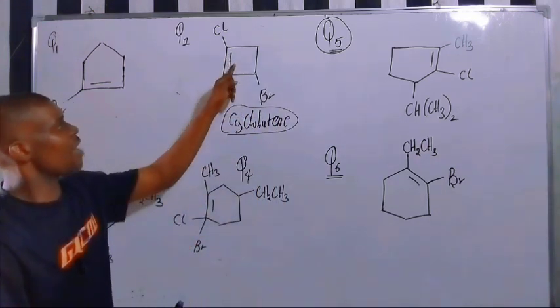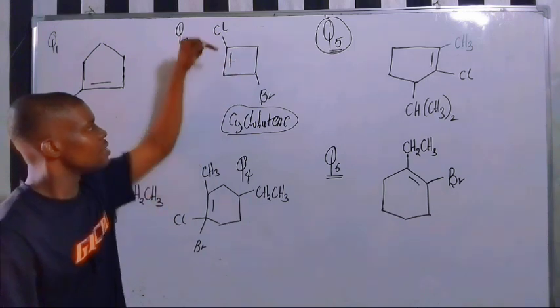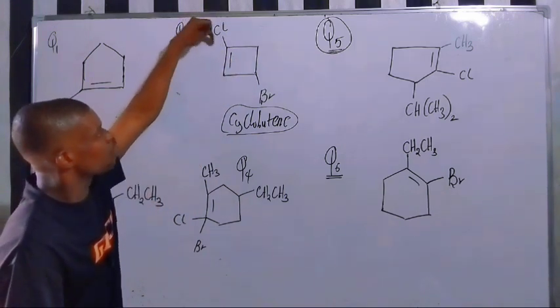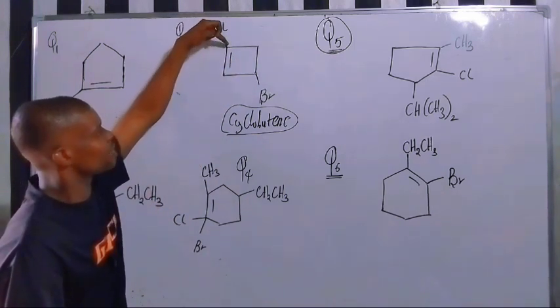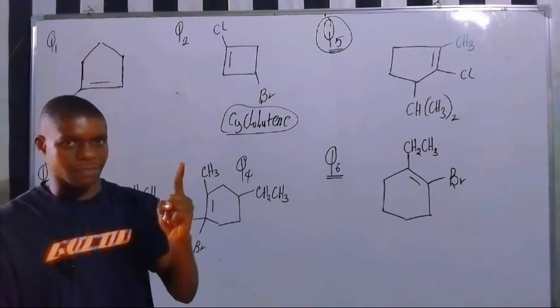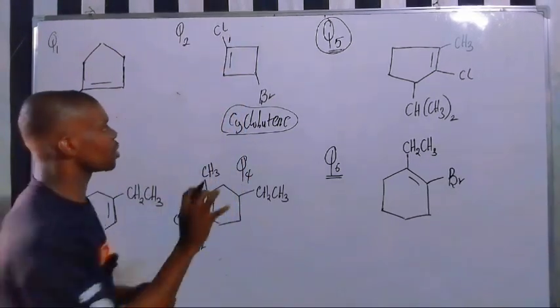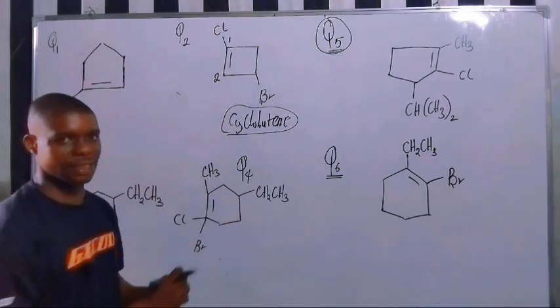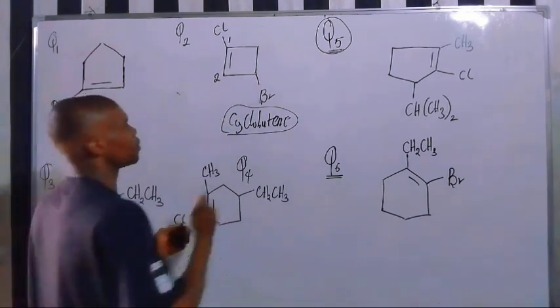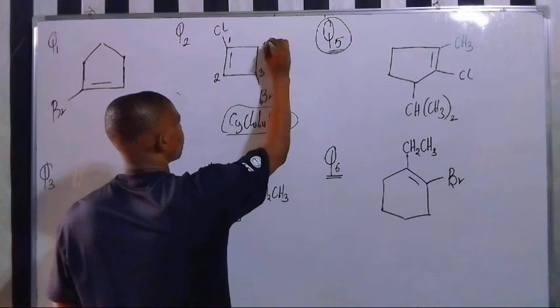Now remember, here I have my double bond, right? This carbon atom here carries the chlorine. So automatically it's going to be my carbon 1. If here is my carbon 1, automatically here is my carbon 2. If here is my carbon 2, here is going to be my carbon 3, and here is going to be my carbon 4.